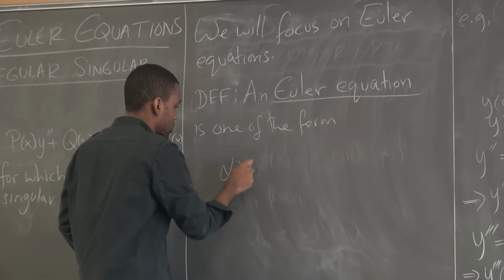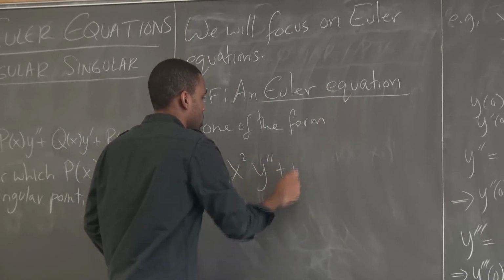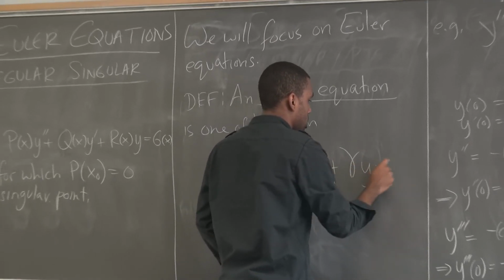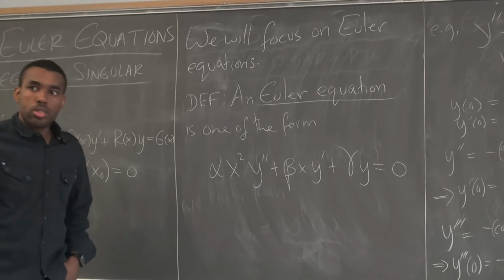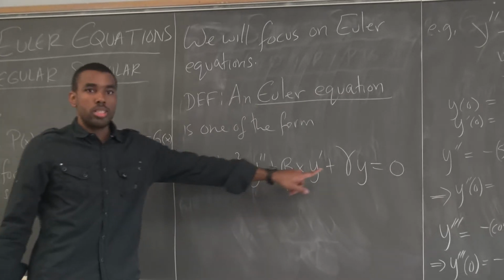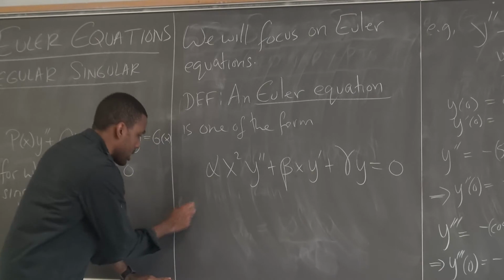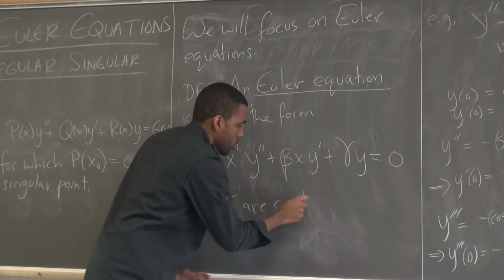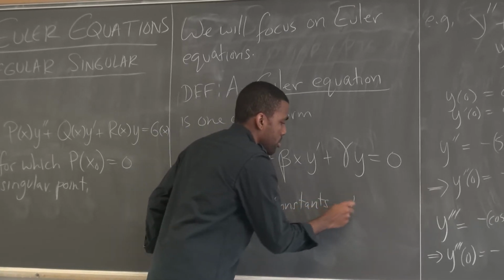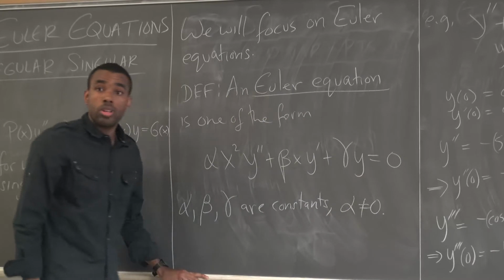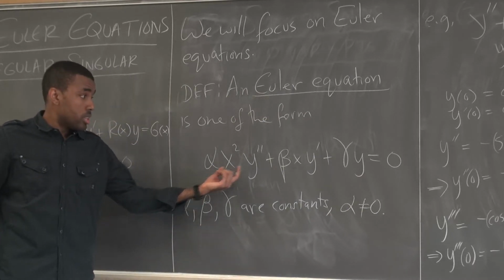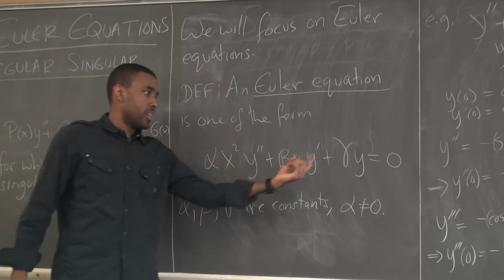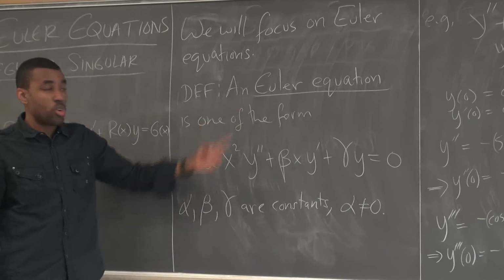They look like this: alpha x squared y double prime, plus beta x y prime, plus gamma y equals 0. They sort of look like quadratics, right? You have an x squared, you have an x, you have a constant. And these alpha, beta, gamma are constants, with alpha not equal to 0 in order for it to be an Euler equation. It has to start with an x squared. The other coefficients have to be polynomials, but when they're specifically in this order, x squared, x, constant, looks like a quadratic, we call that an Euler equation.